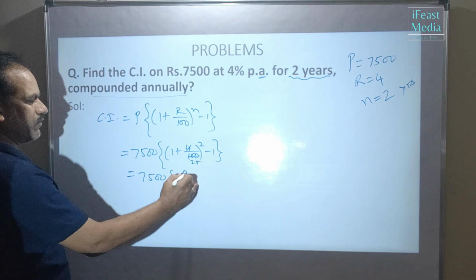So, 12 into a square minus b square, 26 minus 25 is 1, 26 plus 25 is 51. So, it is 12 into 51, it is 600 plus 12, 612. So, the compound interest is 612 rupees.